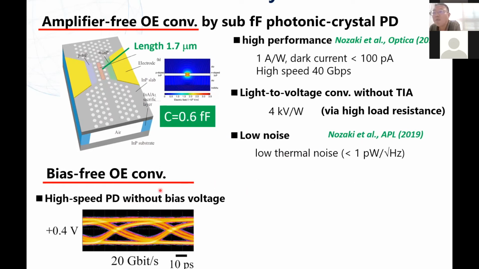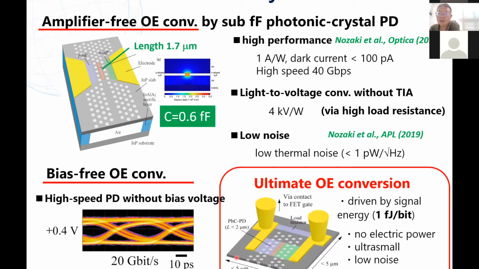And it can operate even at 20 gigabit per second. So this means that this photodetector can function without a bias voltage if it is equipped with a high load resistance. Actually, this is something like a solar cell, but operates at a very fast speed.